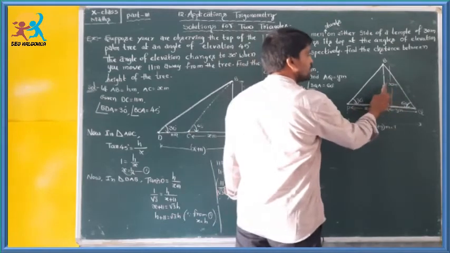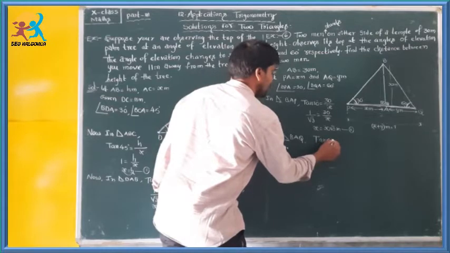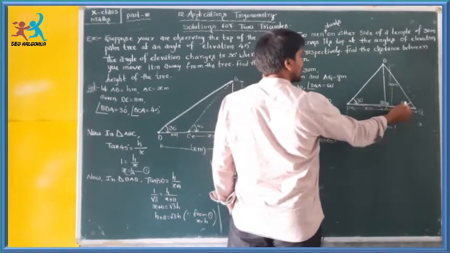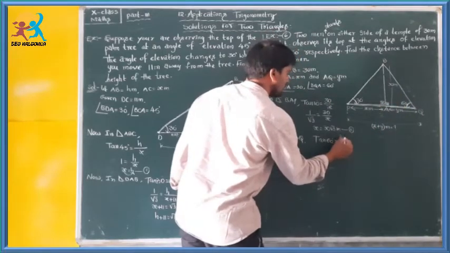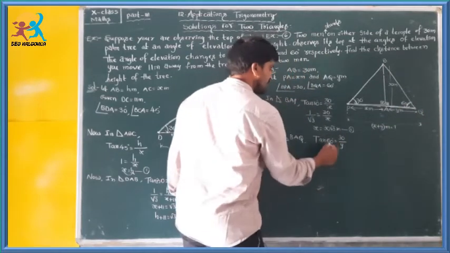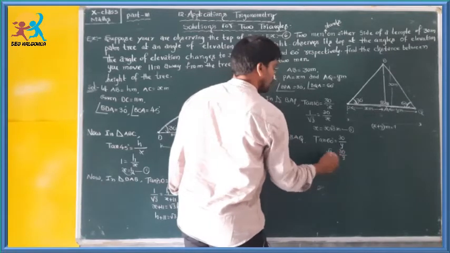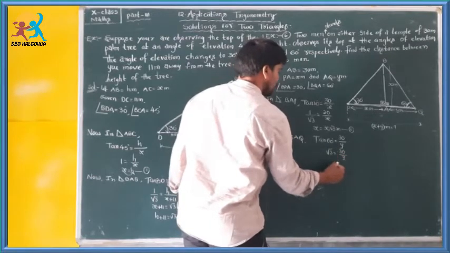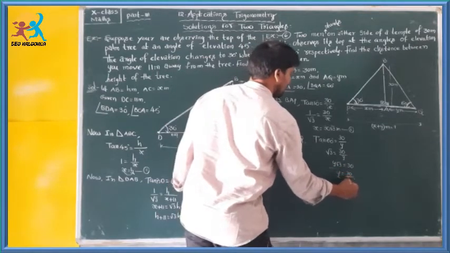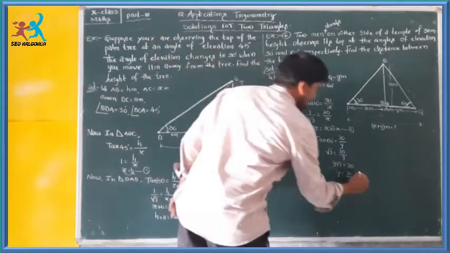So the ratio of opposite to adjacent is tan. Tan 60 is root 3, equal to 30 by y. So y root 3 equals 30, y equals 30 by root 3 meters. Let it be equation 2.